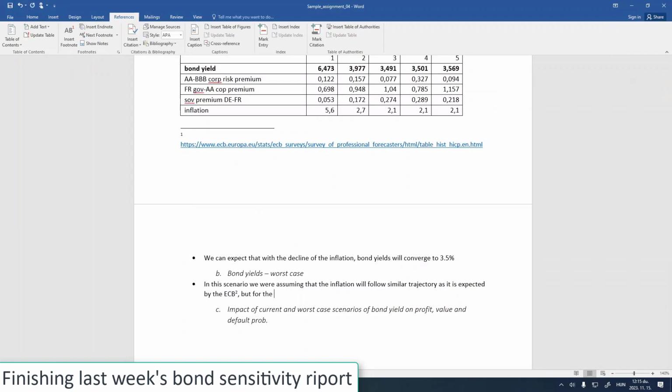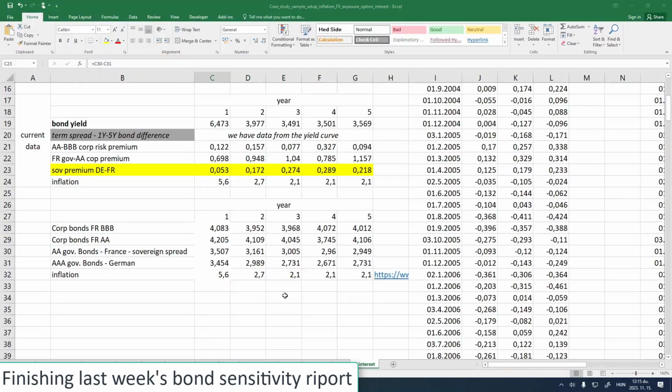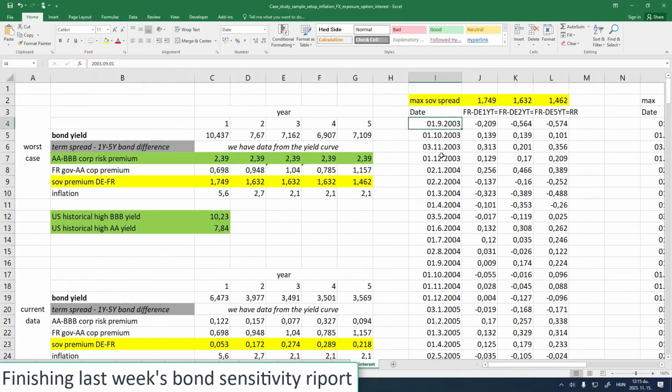Then what is important here, but for the sovereign premium we used the highest values between... so we can see that the database started in 2000 and... how does it look like?